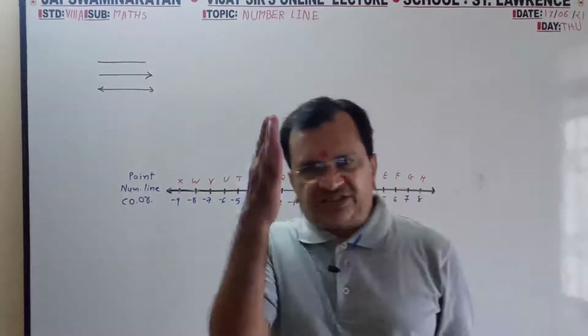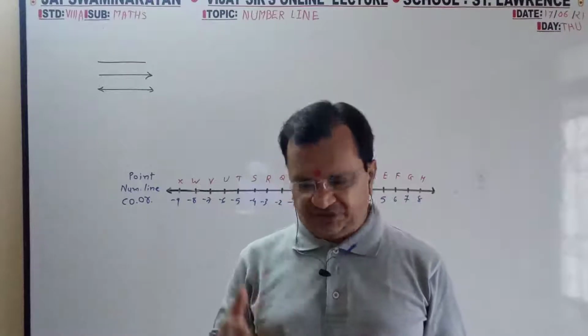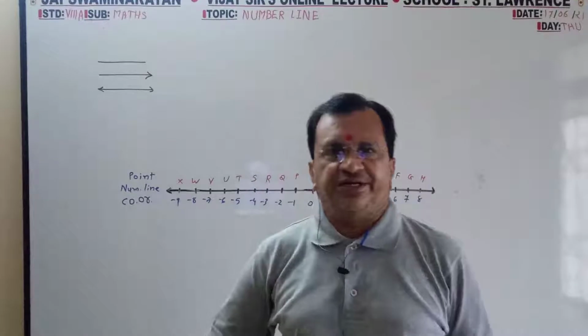Exactly at the center, 0. On your right side, the positive numbers go on increasing. On the left side, the negative numbers go on increasing.